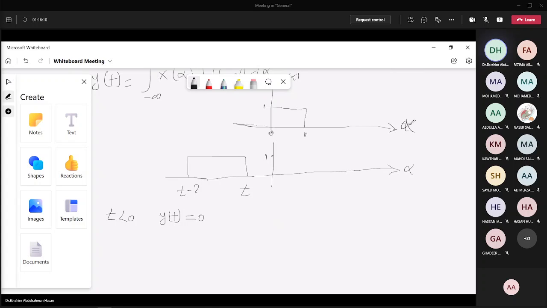Now, if you move it forward a little bit, t could be somewhere here, this is the 1. So it is somewhere here. So this is t, and this is t minus 2.